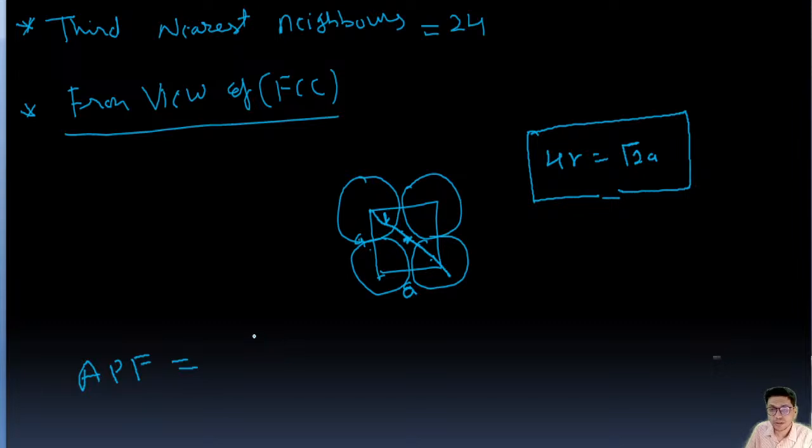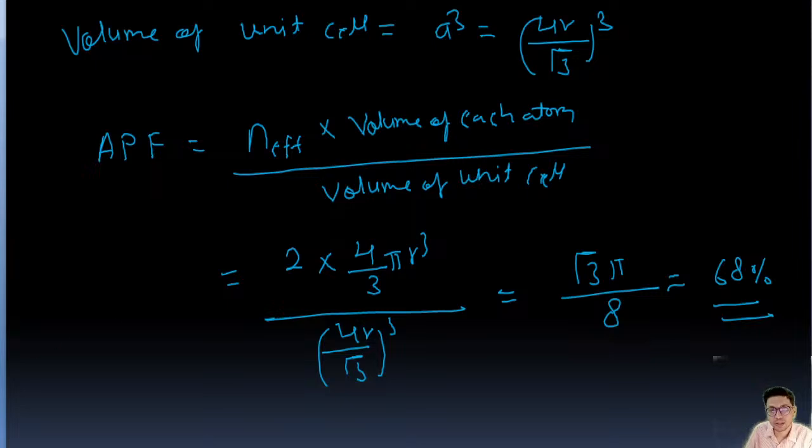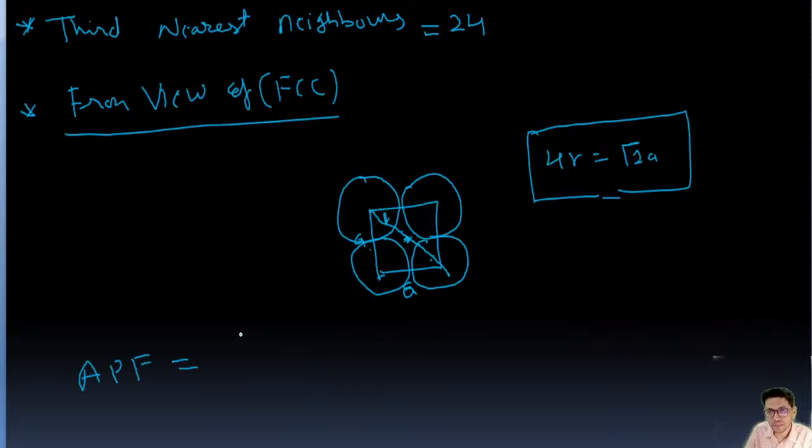APF is the number of effective atoms times the volume of each atom, upon the volume of the unit cell. I have already explained this. So for FCC, the effective number of atoms is 4, times the volume of each atom, which is 4 by 3 pi R cube, upon the volume of the FCC crystal, which is A cube.